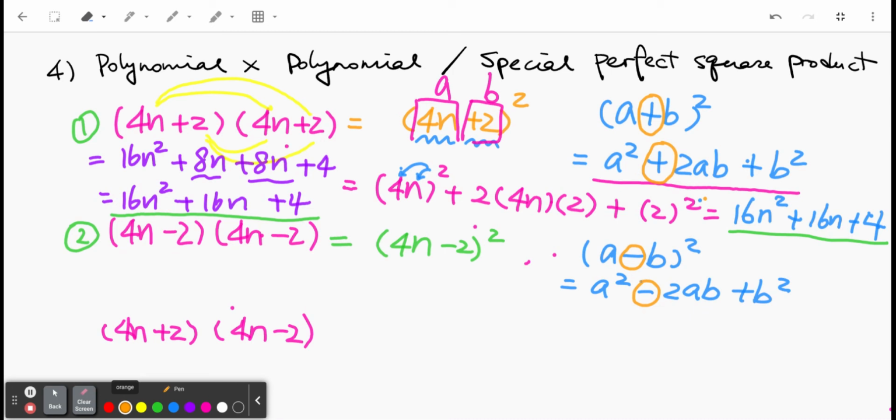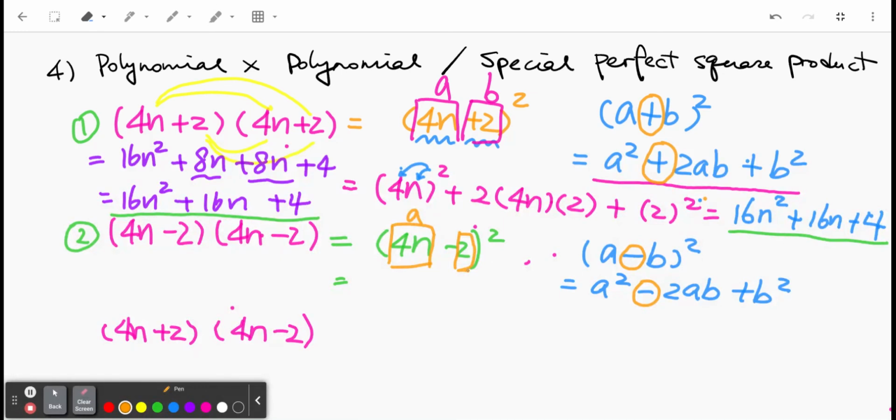Then you can solve it. This is my a, and negative 2, this is my b. Okay, don't worry about the sign.